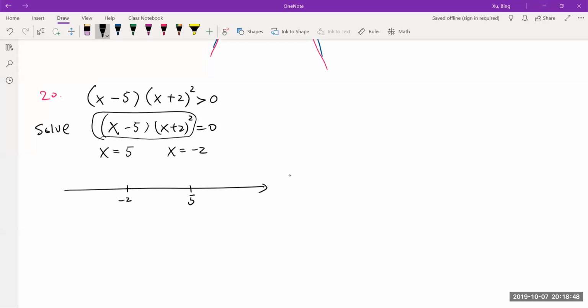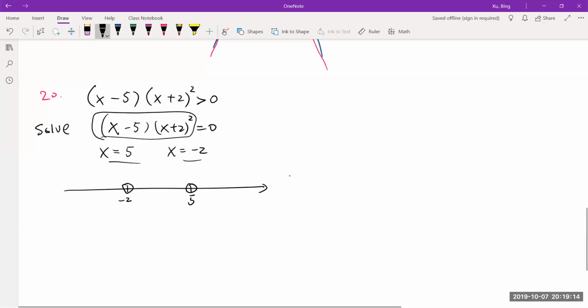No, because it's greater than, not greater than or equal to. These two numbers make that expression equal to 0, and we want to find when it will be greater than 0. So first step, those 2 points are not solutions.